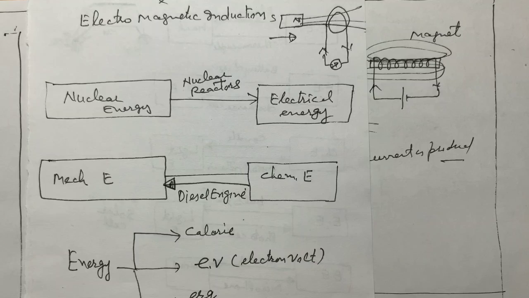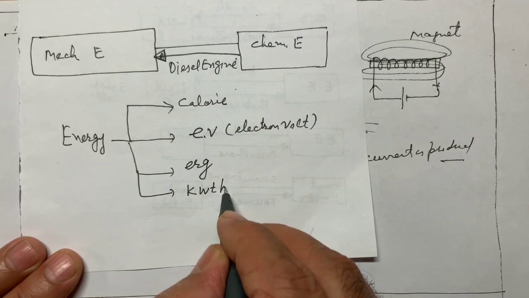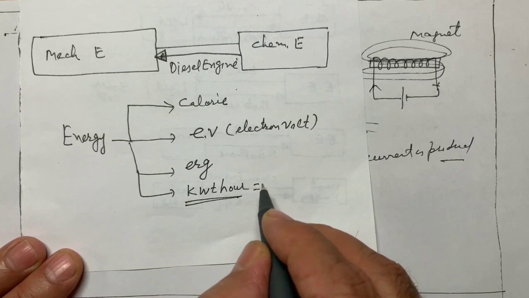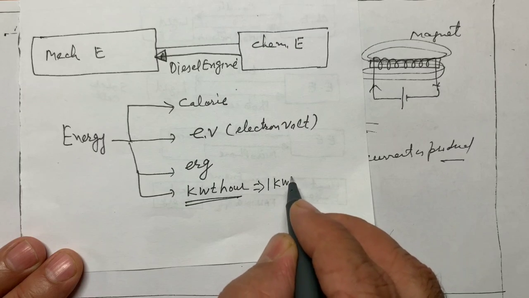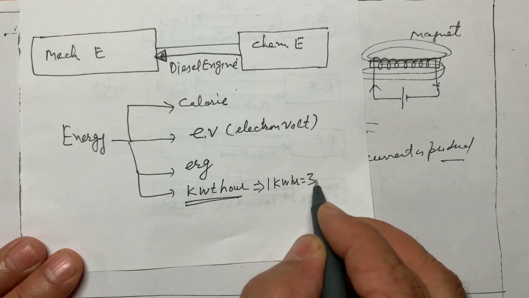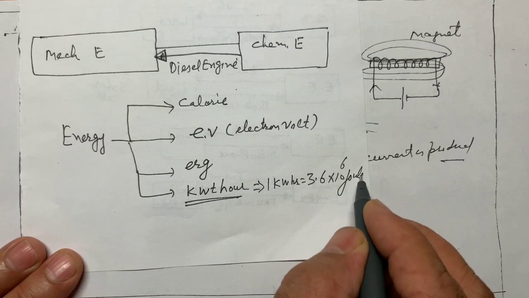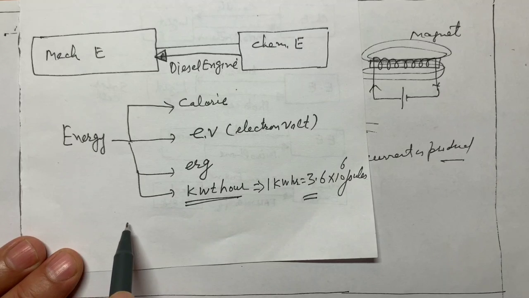You can also use kilowatt hour. That is 1 kilowatt hour equals 3.6 times 10 to the power 6 joules. So this is also a unit of energy.